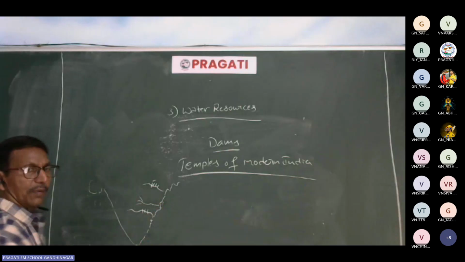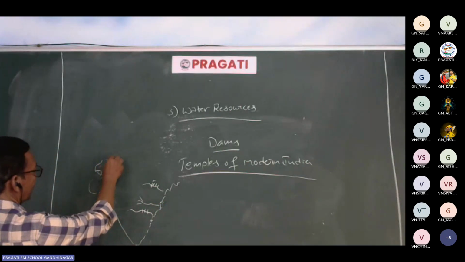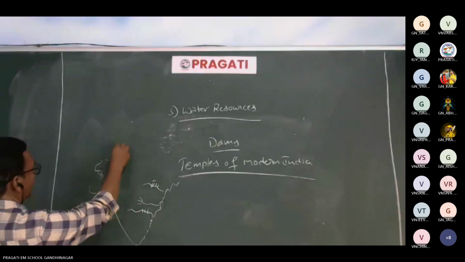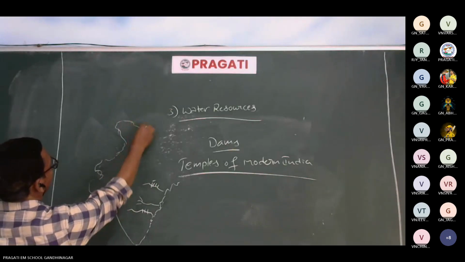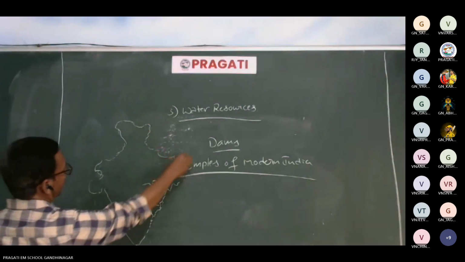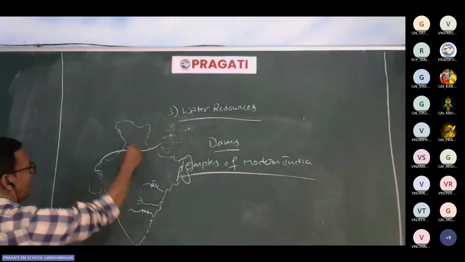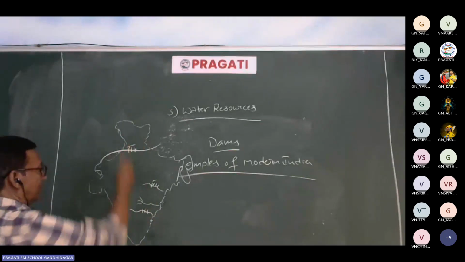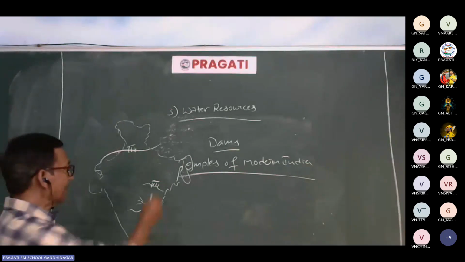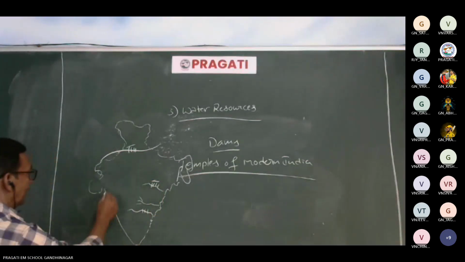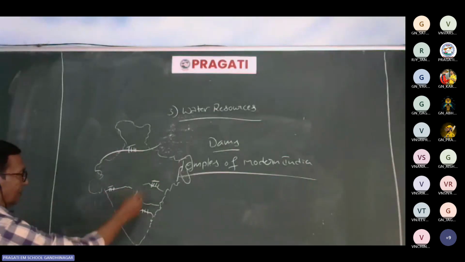They are building the Polavaram dam. Here, one of the largest dams in the world, Bhakra Nangal dam. Hirakud project, the longest dam in India, especially Sardar Sarovar dam across the Narmada River.